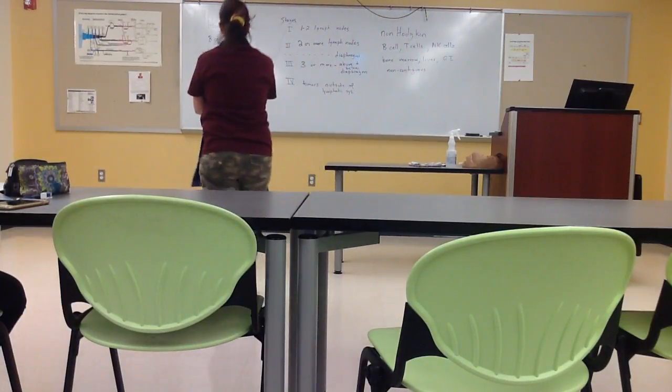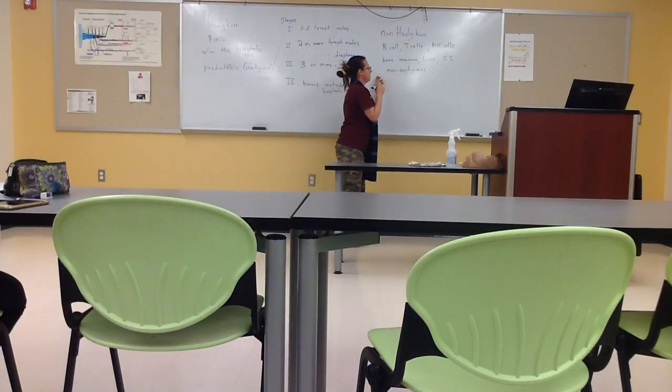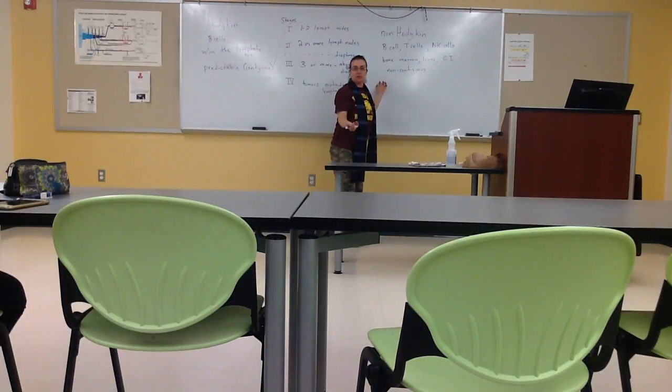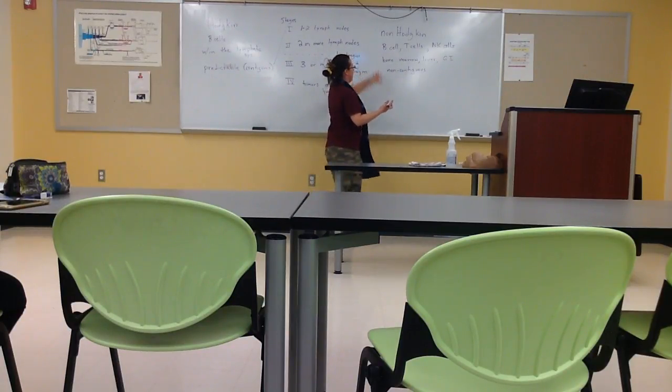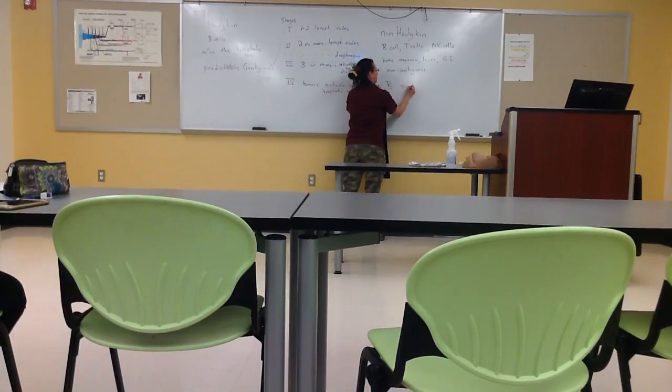The other thing with Hodgkin versus non-Hodgkin is that non-Hodgkin is harder to treat because it's not as predictable, but it also doesn't have any really specific symptoms or signs, okay? So non-Hodgkin doesn't have what's called B symptoms.